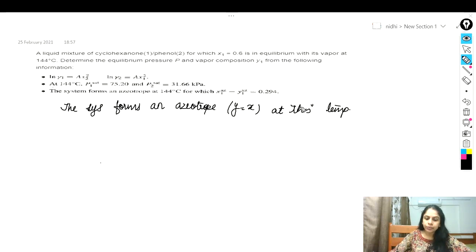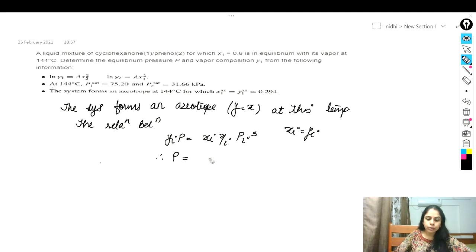So the relation is yi P is equal to xi gamma i Pi s, right? And because it is forming an azeotrope, xi is equal to yi, so these two terms get eliminated. Therefore, we have P is equal to gamma i Pi s, and gamma i is equal to P upon Pi s. Now we have this relationship.